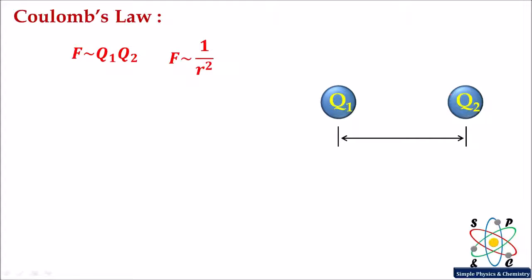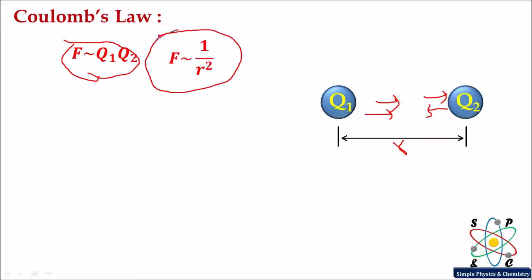The distance here is r. So they will attract each other or otherwise repel each other depending on their charge types. So these are the two proportionality relations we got here.